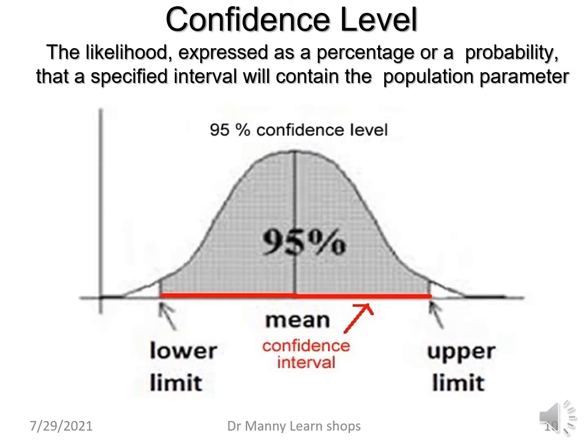The confidence level is basically how confident you are about the probability. In most cases here you would want a 95% confidence level. It's the likelihood expressed as a percentage or a probability that a specified interval will contain the population parameter, for which you can have an upper and a lower limit.